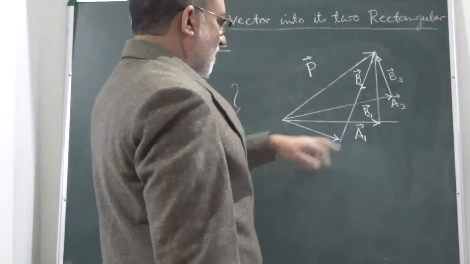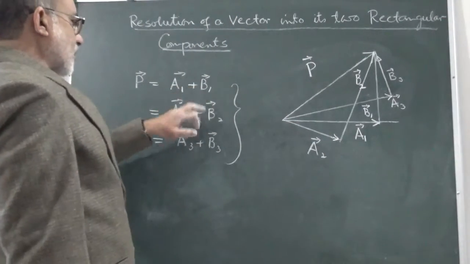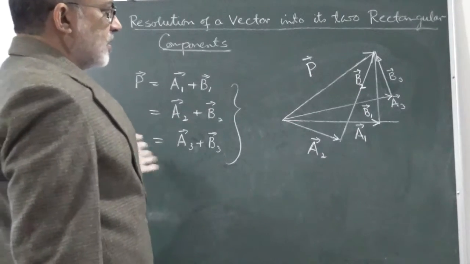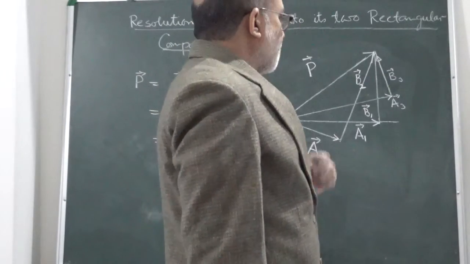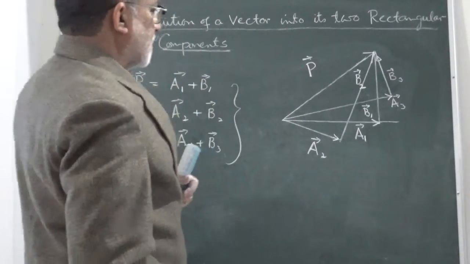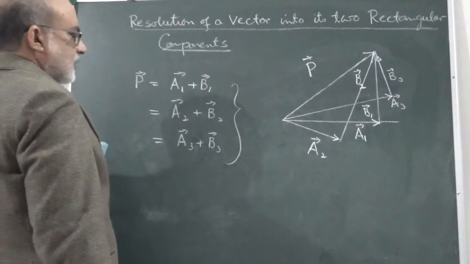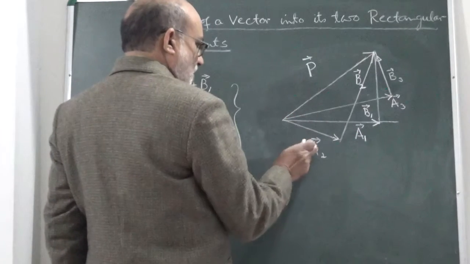Whether it's better to take the A1 plus B1 pair, or A2 plus B2 pair, or A3 plus B3 pair as rectangular components, that depends upon the nature of the problem, and we will do that. But the angles are different, so the values will be different.